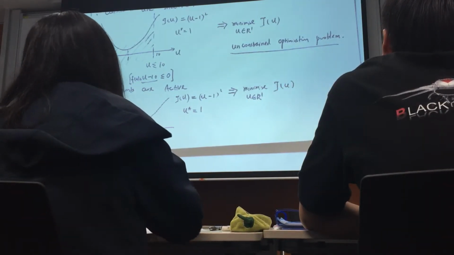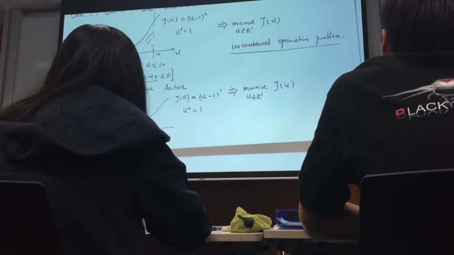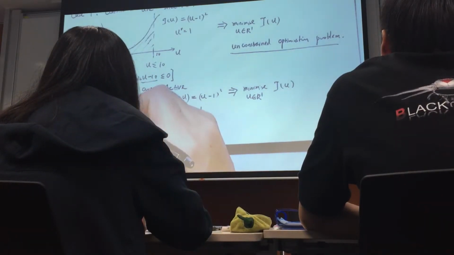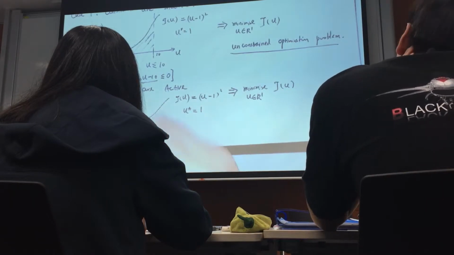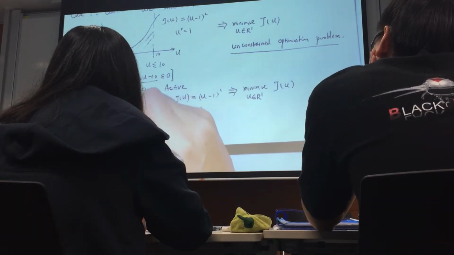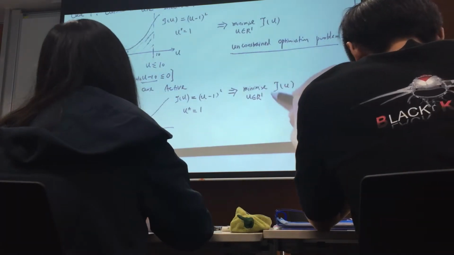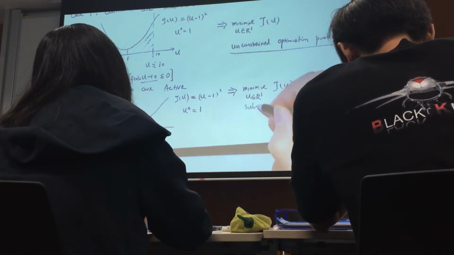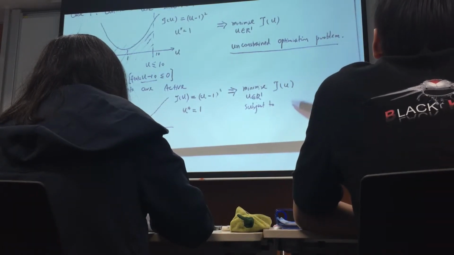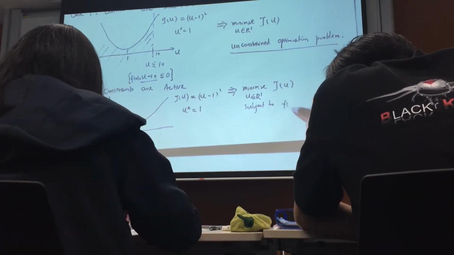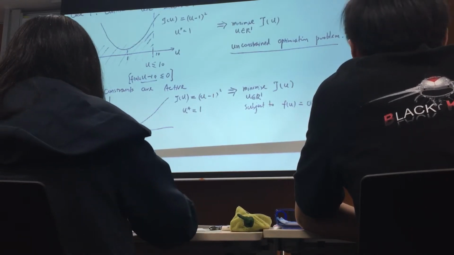In this case, we know the optimizing solution must be obtained at the boundary. So this is equivalent to minimizing this function subject to f(u) equal to 0.